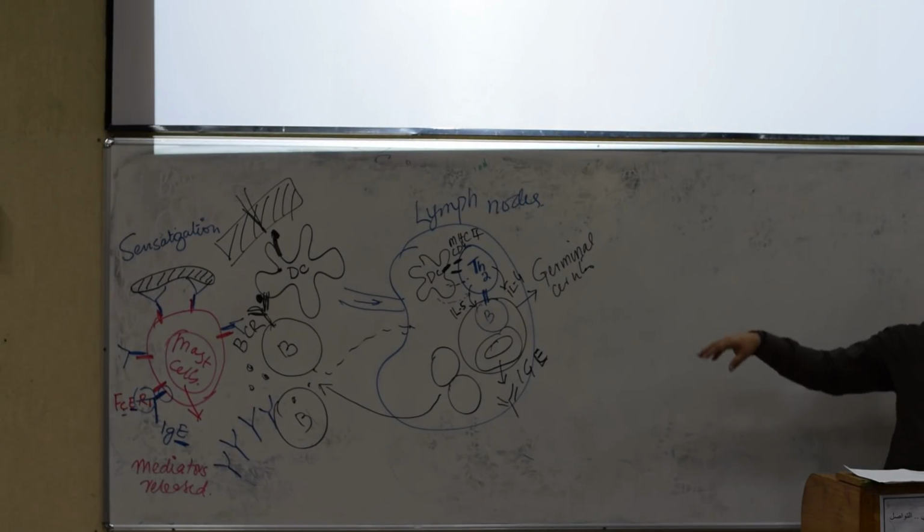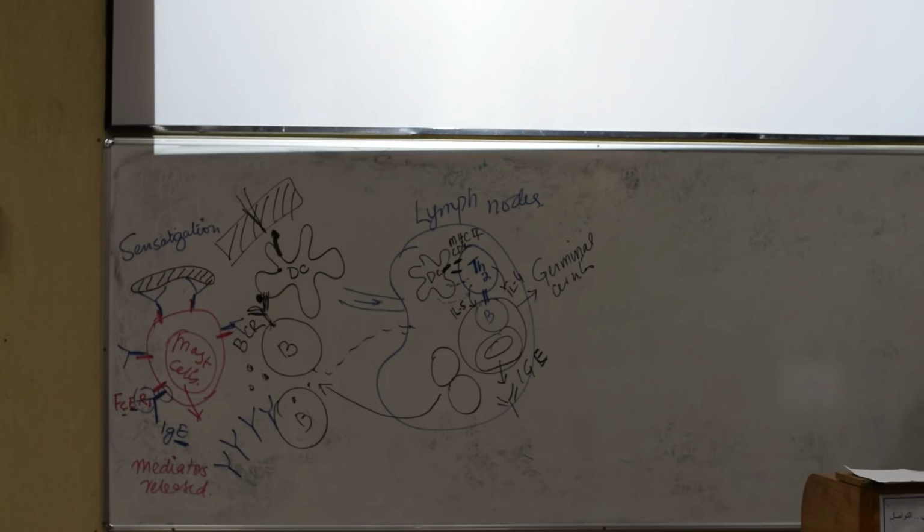All of you understand this part? Yes, please. What is the role of B cells in the sensitization? So imagine if B cells have not produced IgE and IgE has not gone there and not bound to the mast cells, there won't be any response. IgE is the very important key.